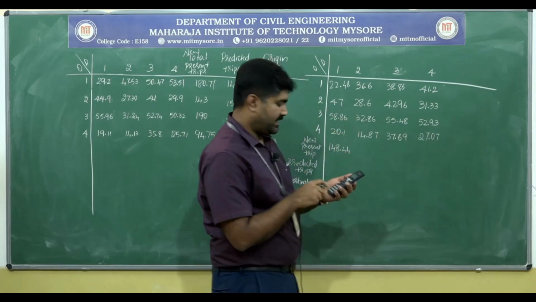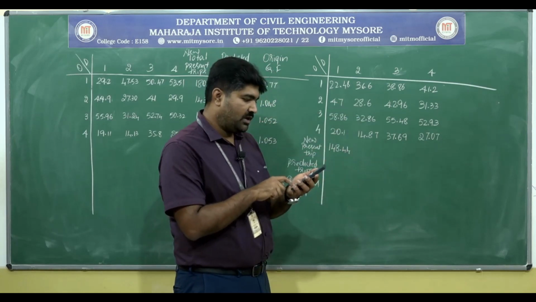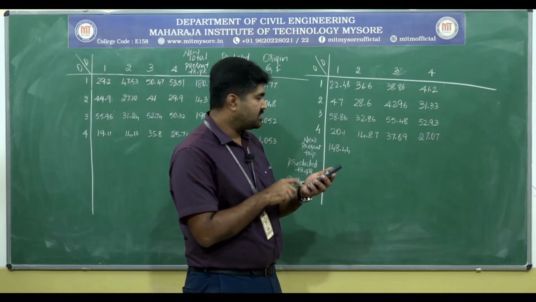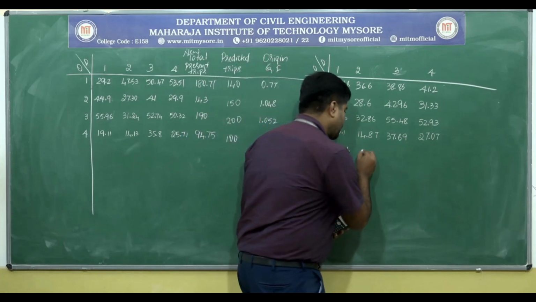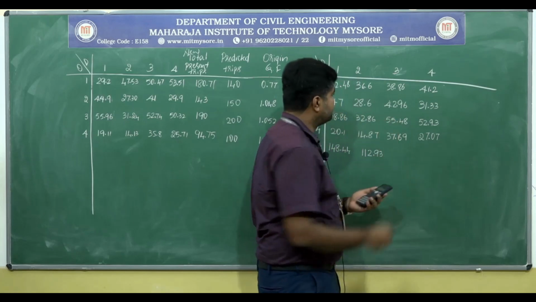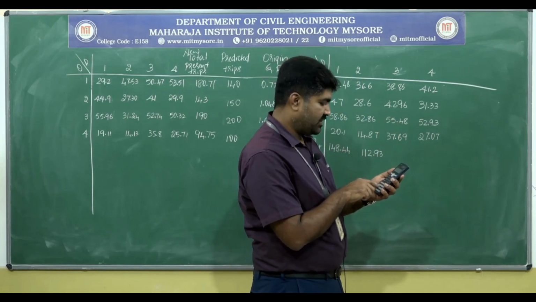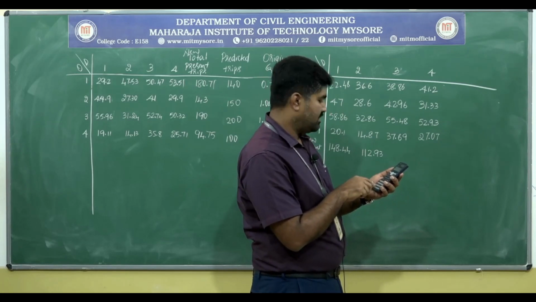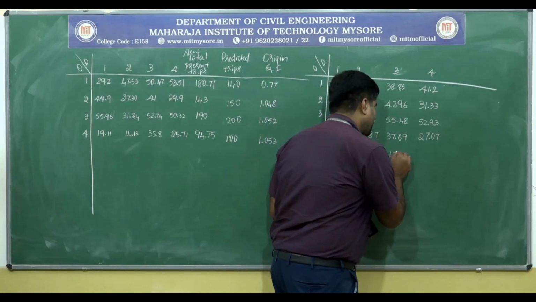Next, add this column: 36.6 plus 28.6 plus 32.86 plus 14.87, you will get 112.93. 38.86 plus 42.96 plus 55.48 plus 37.69, it is 174.99.